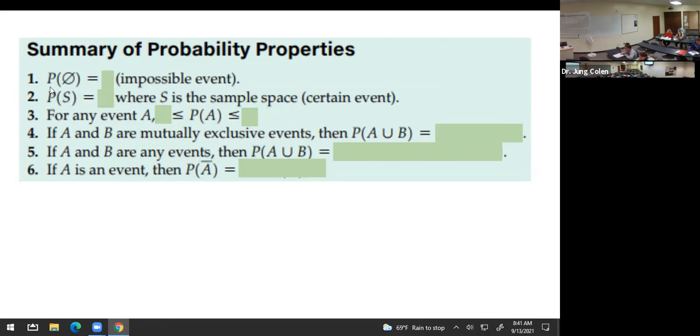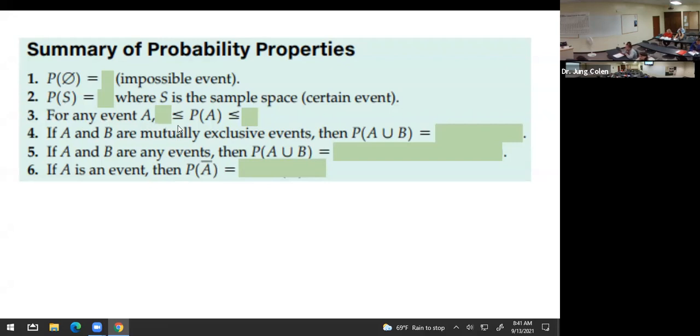Okay, Hana. Probability of an empty set, which means it's an impossible event. This is 0, right? Okay, probability of S, all the sample space, which certainly happens. What's the probability for that? 1, right? So, let's start.